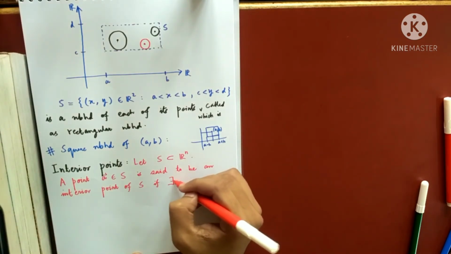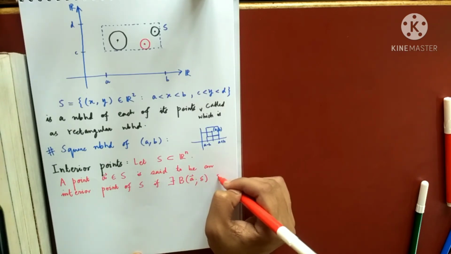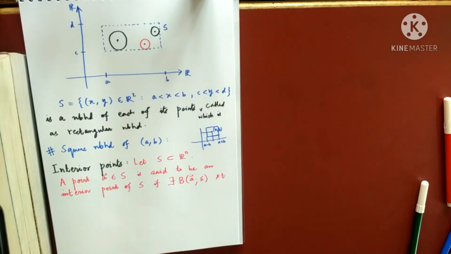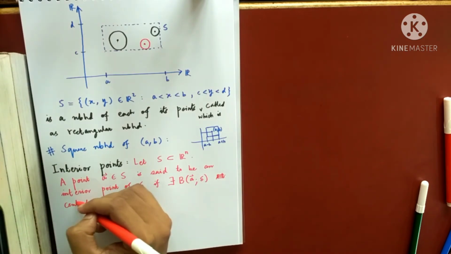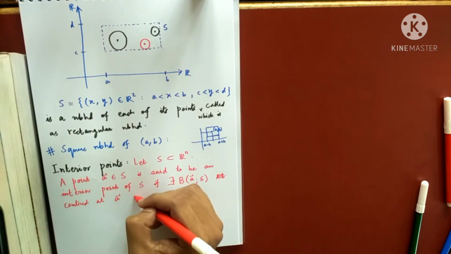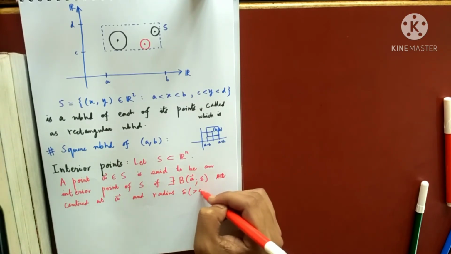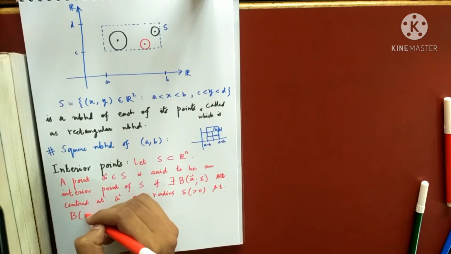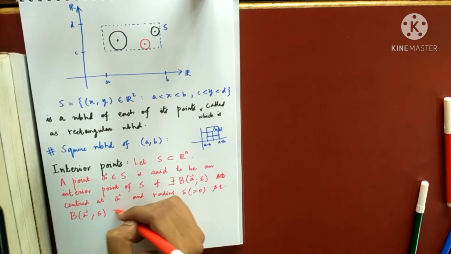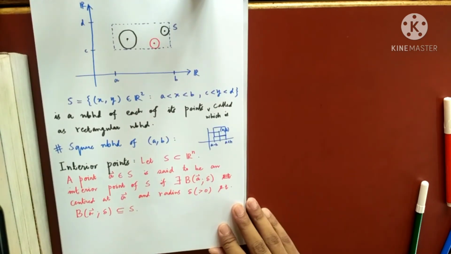If there exists some open ball centered at A and radius delta, where delta is definitely greater than 0, such that this whole open ball is inside S. So this is the definition of an interior point in Rn.